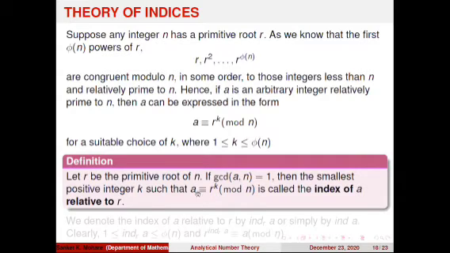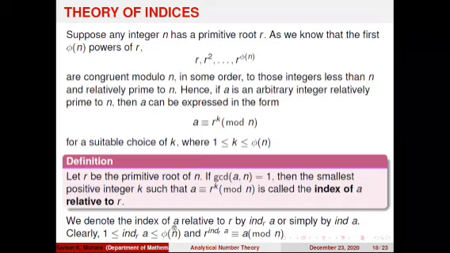So a is congruent to r to the power k modulo n, and k is called the index of a relative to r. That is, index of a relative to r is equal to k. So this smallest positive power k is what? The index of a relative to r.